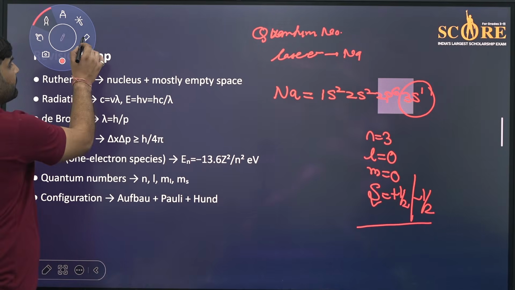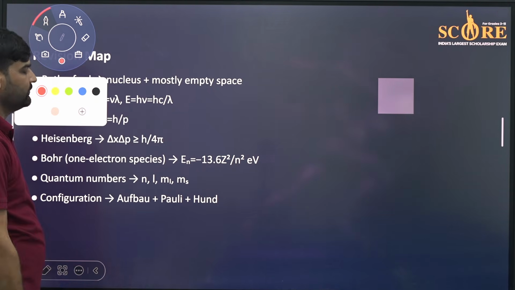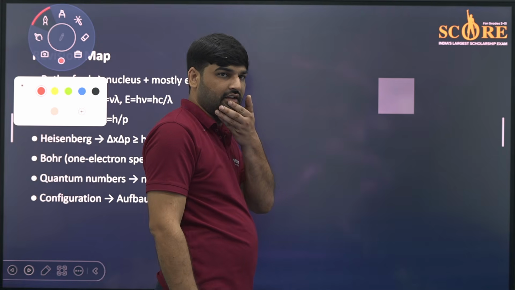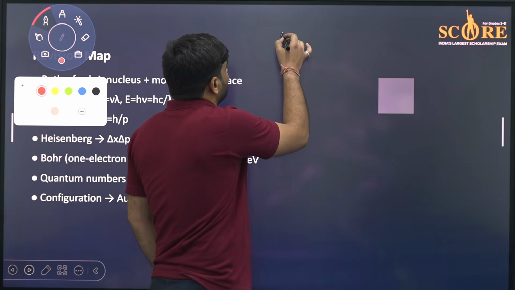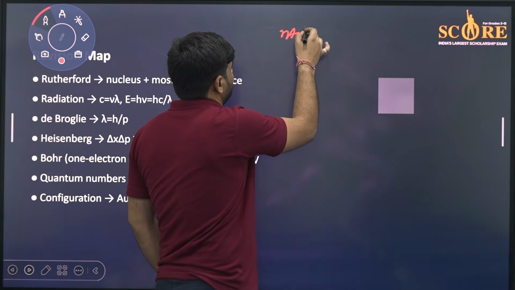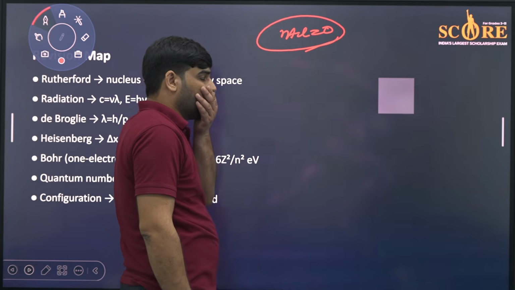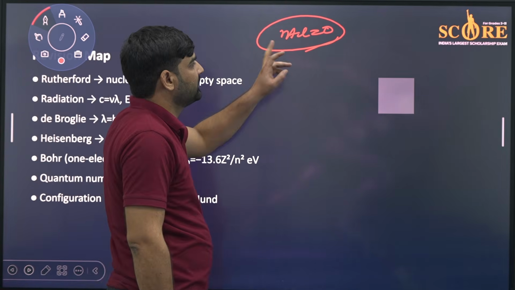Next question is: if I take the n plus L value equal to 0, then tell how many electrons are present in magnesium satisfying this equation.